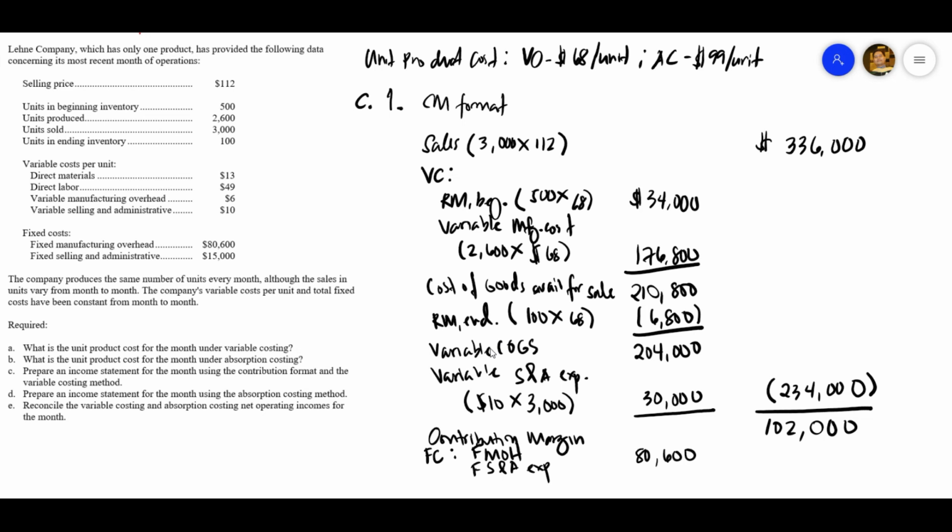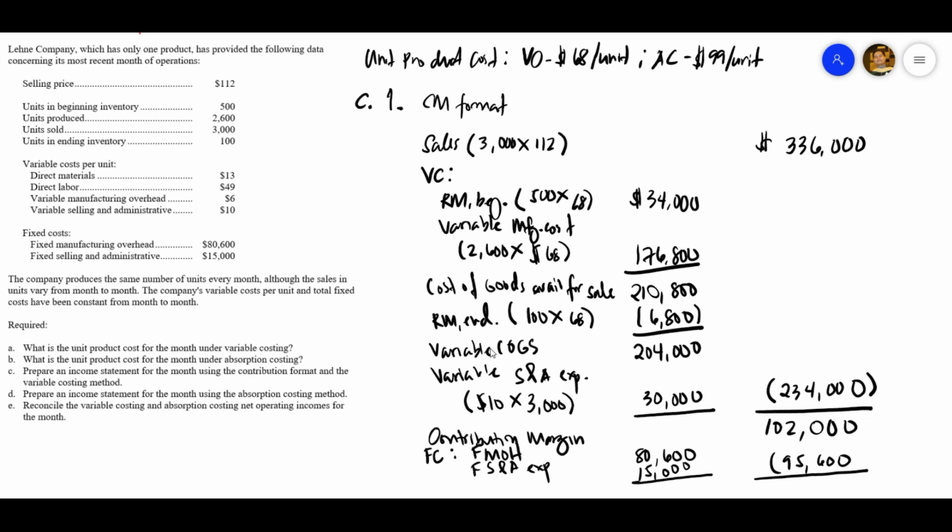For the fixed selling and administrative expense, this relates to the selling activity, so this amount is by itself a fully deductible expense. It's 15,000. Your total fixed cost, when we add the two, is 95,600.